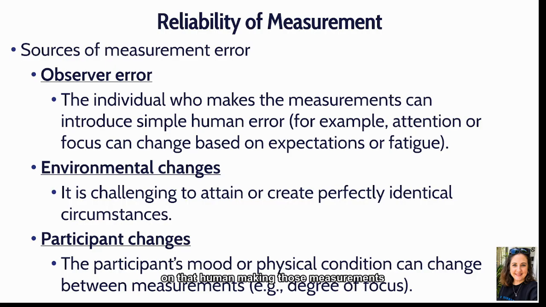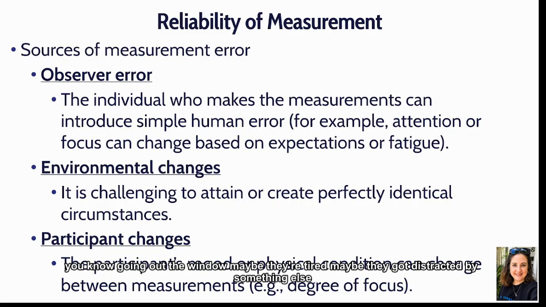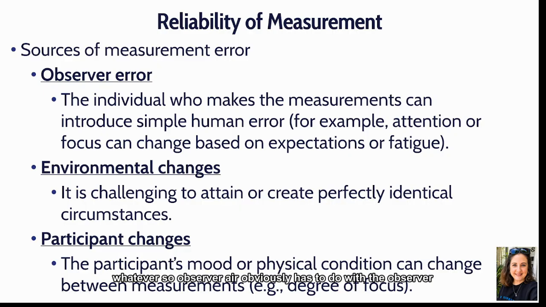That human making those measurements can accidentally, for whatever reason, not count or overcount the number of times a student interrupts the teacher. That might be based on their attention just kind of going out the window. Maybe they're tired. Maybe they got distracted by something else, whatever. So observer error obviously has to do with the observer not being reliable.